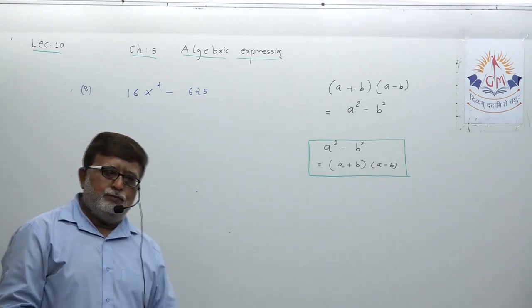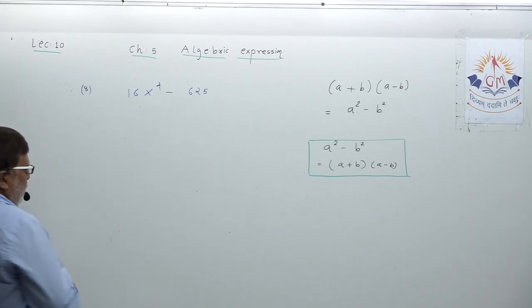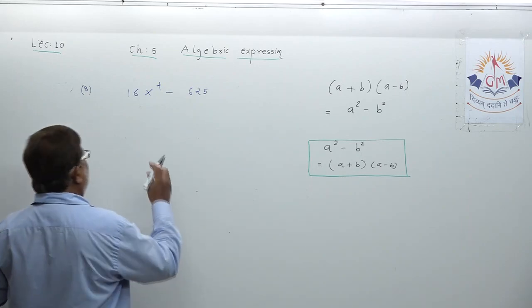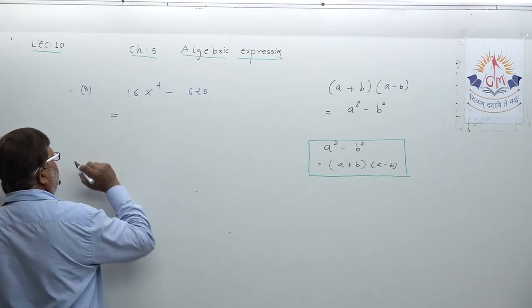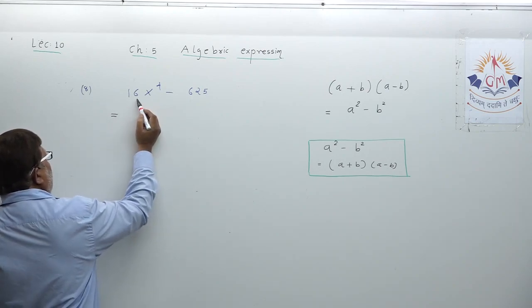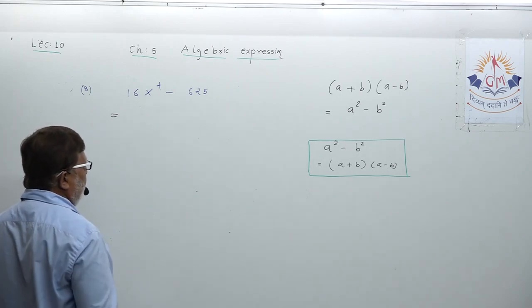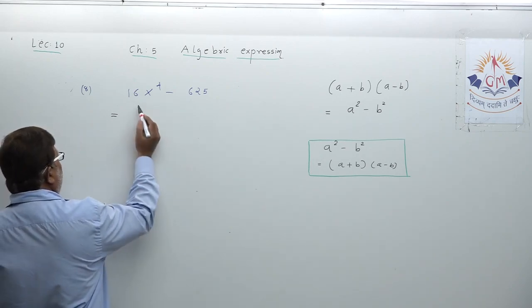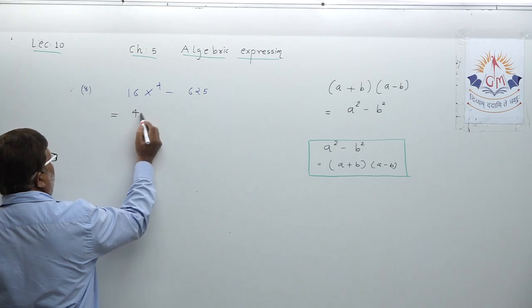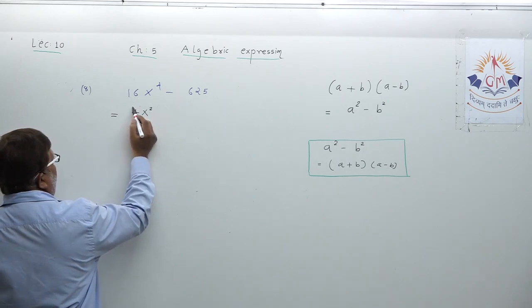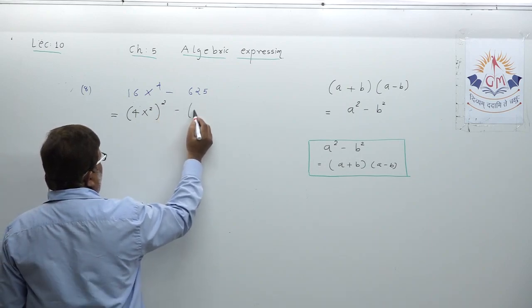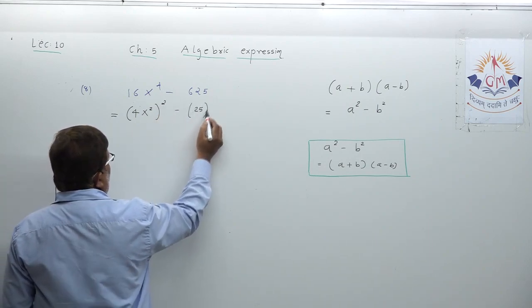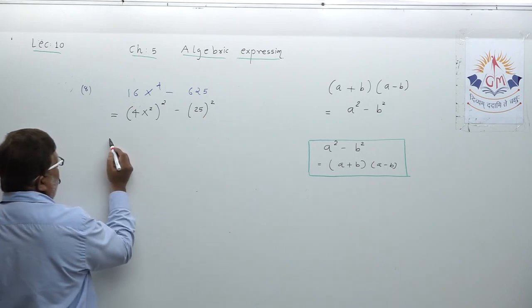Two terms, both are perfect squares, in between a negative sign, yes. Let us express in this format: square root of 16x^4 is 4x square, whole square, minus square root of 625 is 25, whole square.